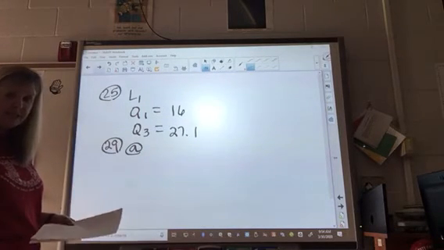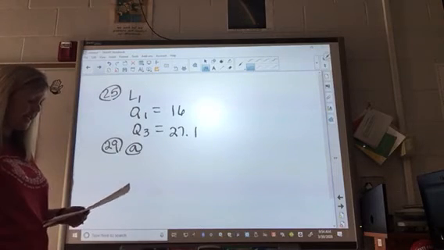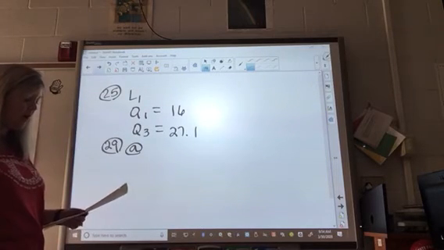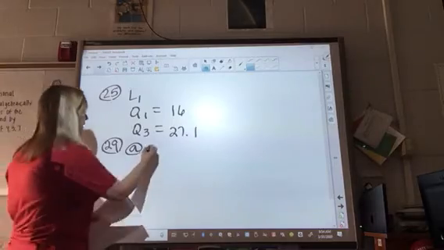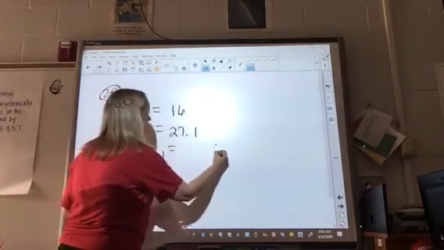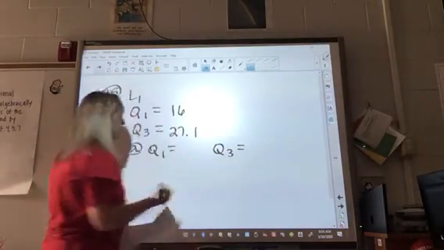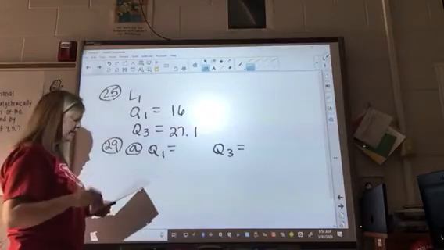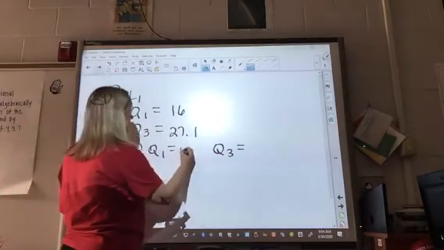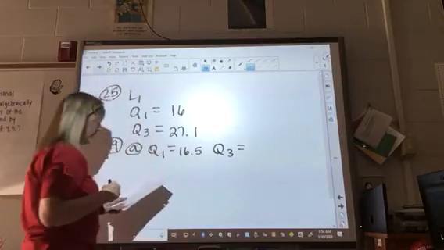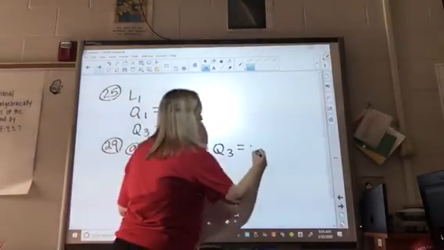There's a process in your PowerPoint to find it. First of all, find Q sub 1 and Q sub 3. So punch the data in. Q sub 1 is 16.5. Q sub 3 is 20.5.